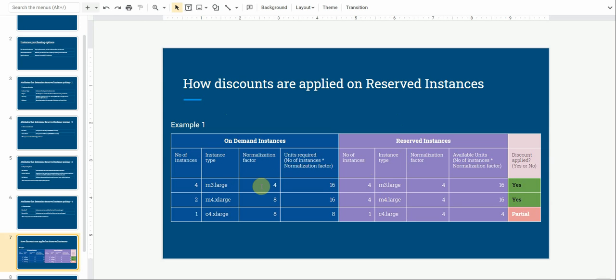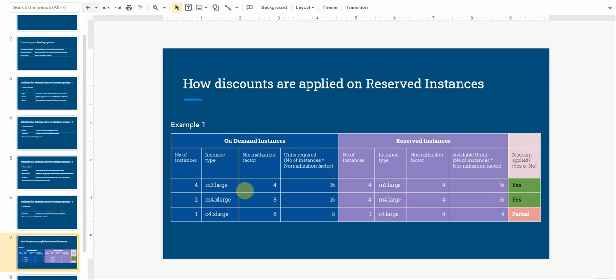Now this normalization factor for large is 4. For X large, we have normalization factor as 8. And for C4X large, the normalization factor is 8. Remember, normalization factor is not dependent on instance family. It depends on instance size.